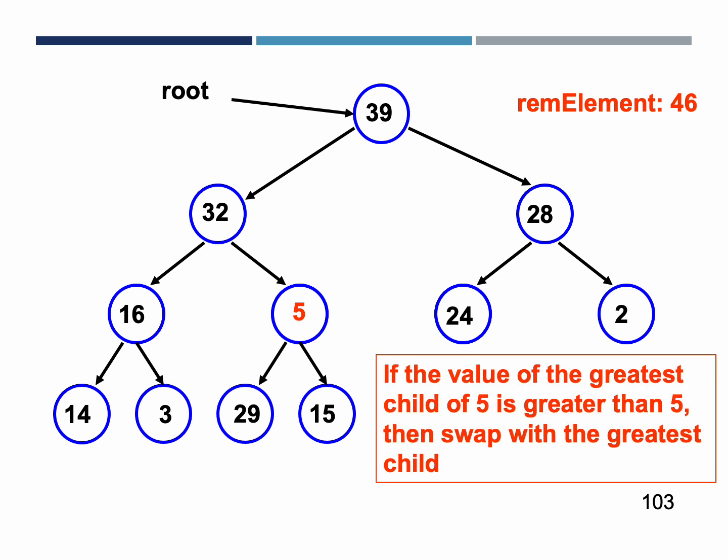Now if the value of the greatest child of 5 is greater than 5, then swap with the greatest child. We'll see again, 5 has two children, 29 and 15. So the greater child is 29. It will compare if 29 is greater than 5 or not. 29 is greater than 5, so it will swap.